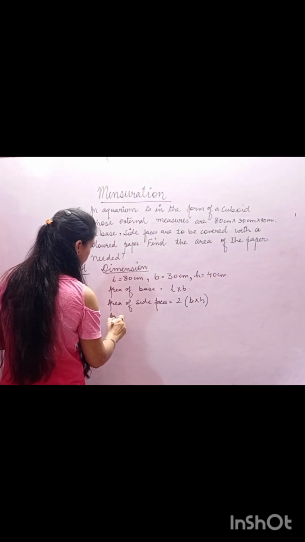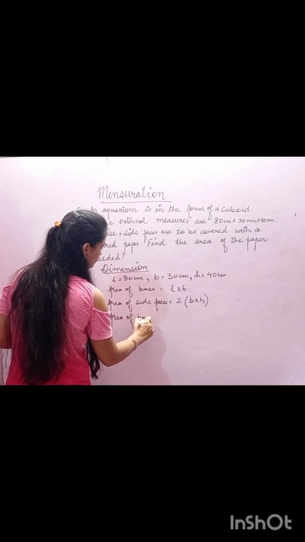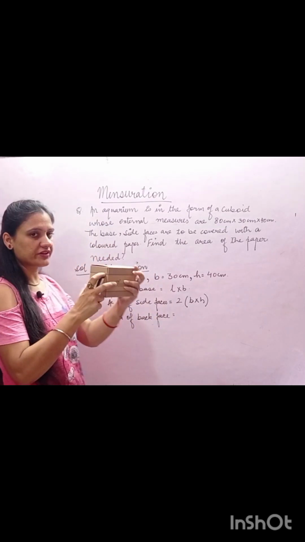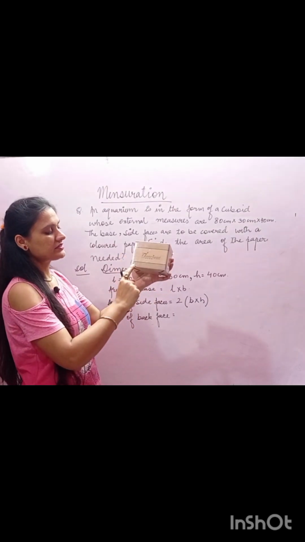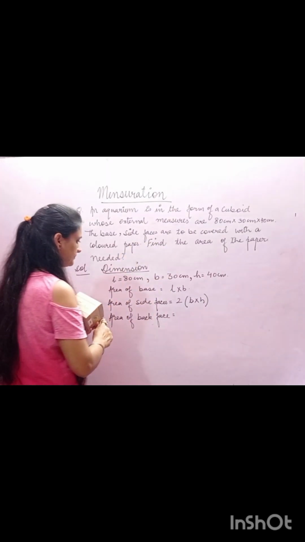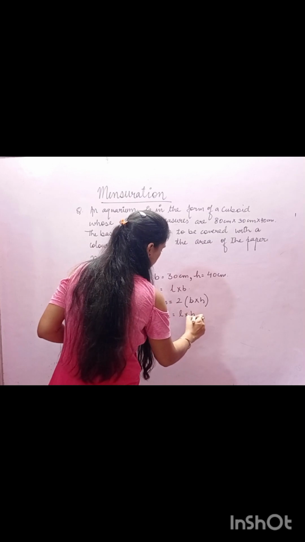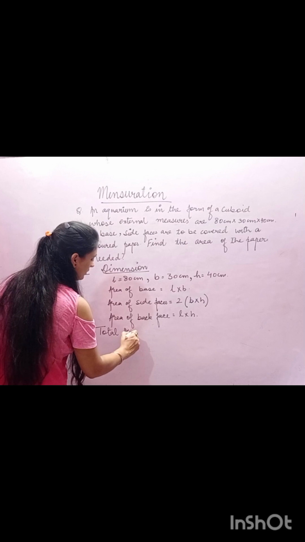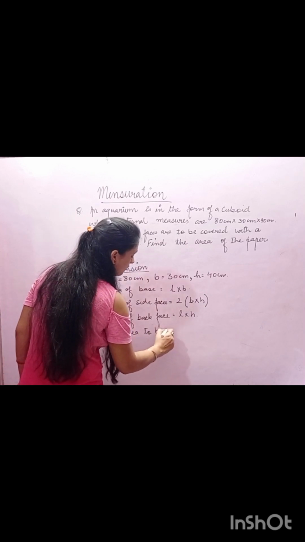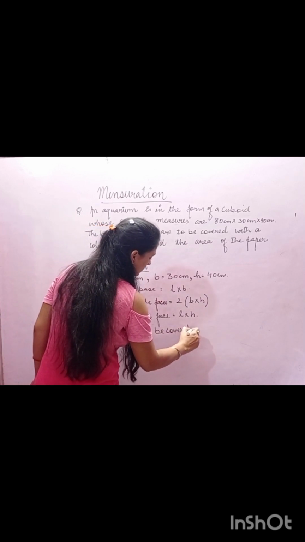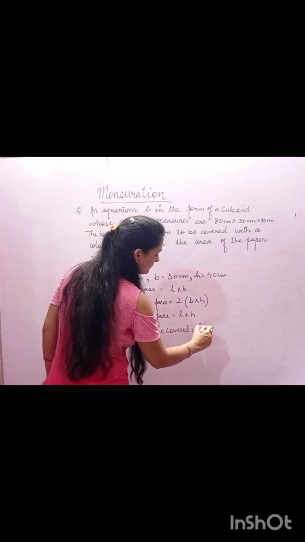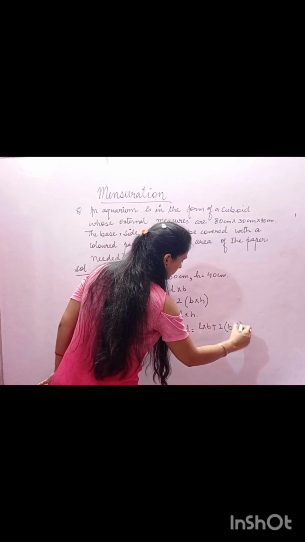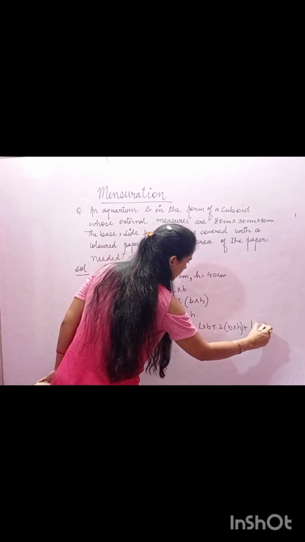So area of the back face: how to find it out? You know, this face, that is length into height. Now the total area to be covered with the paper, that is L into B plus twice B into H plus L into H, right?